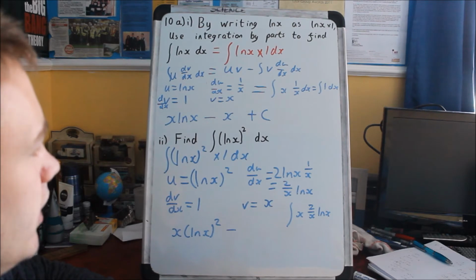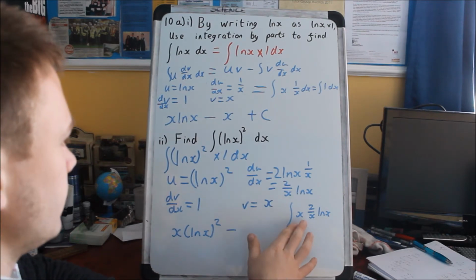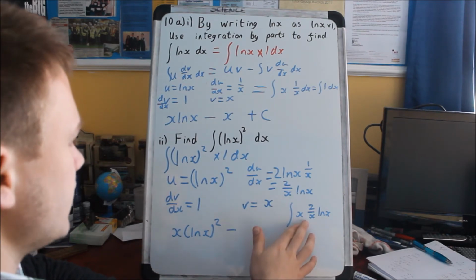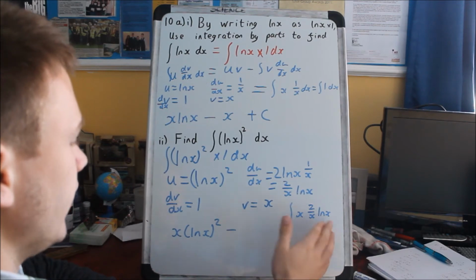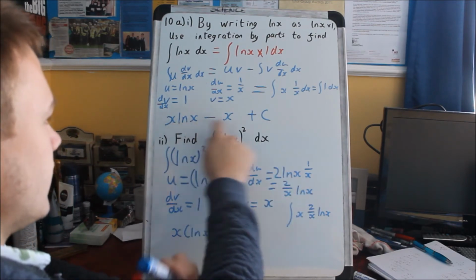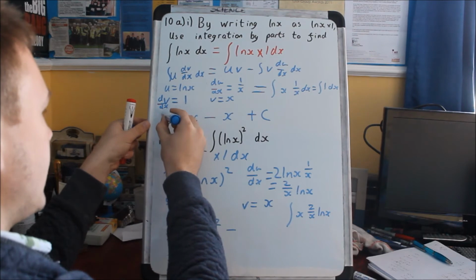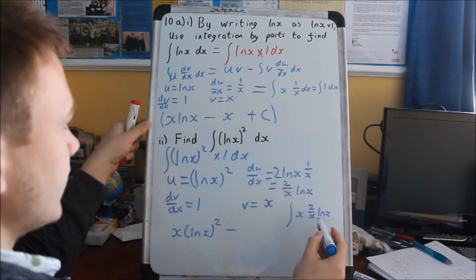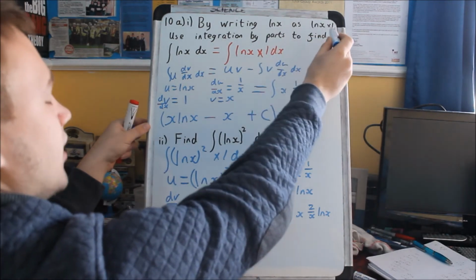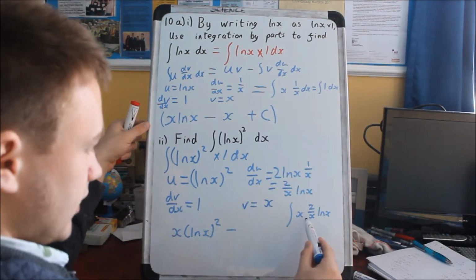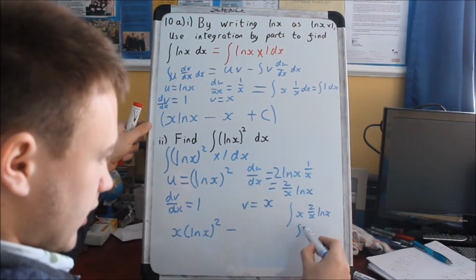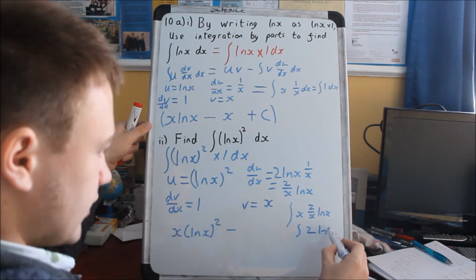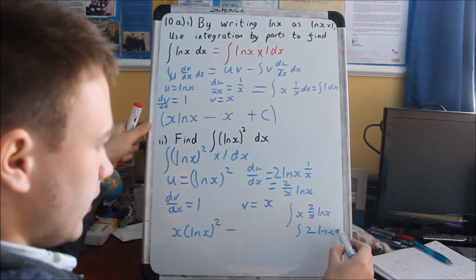Now, in this question, we've integrated already ln x. This whole answer here was an answer to ln x, when we did ln x times 1, but that is just ln x. Now in this case, we're integrating 2 ln x by dx.